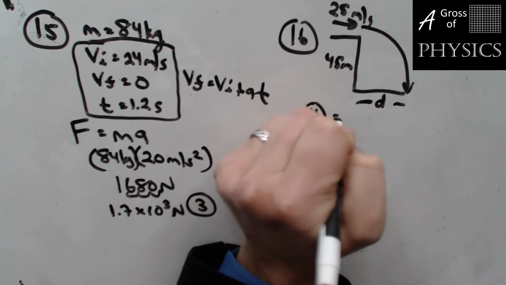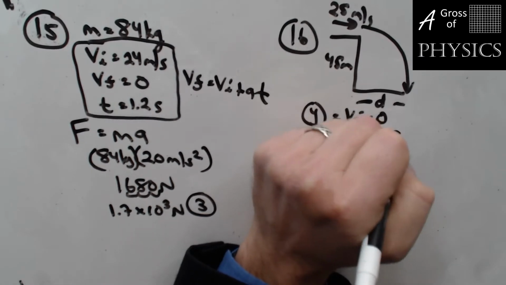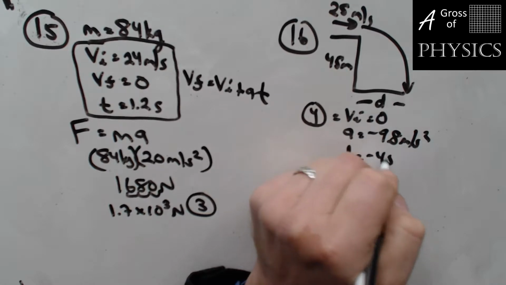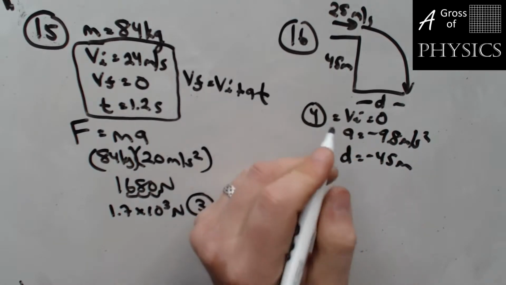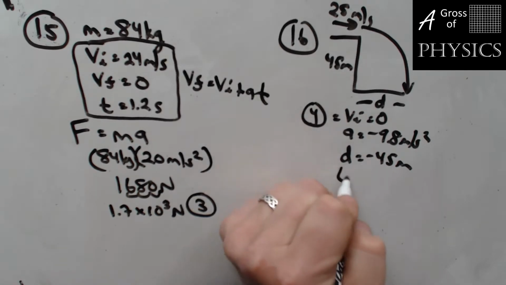So in the y direction, VI is 0, a is negative 9.8, and d is negative 45. So equation 4: 45 divided by 0.5 divided by 9.8, square root. So time is 3 seconds.